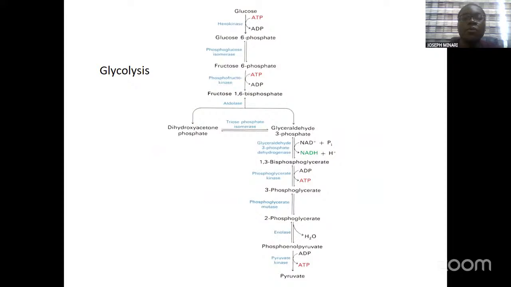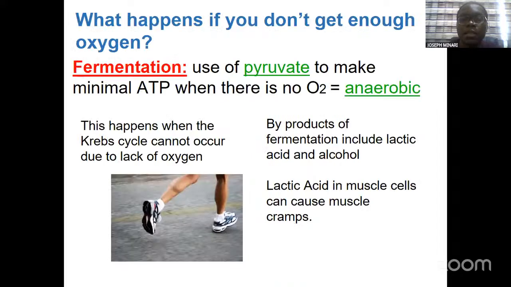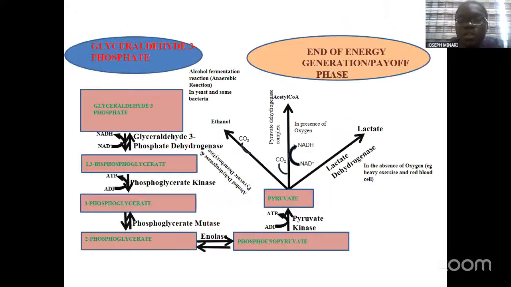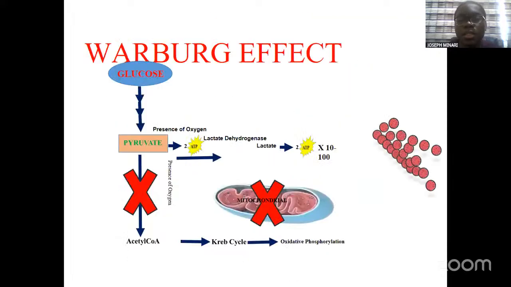It also gave us this overview. It told us that in the presence of oxygen, pyruvate moves to acetyl-CoA. In the absence of oxygen, it will go to lactate or ethanol. It also told us what we call the Warburg effect.